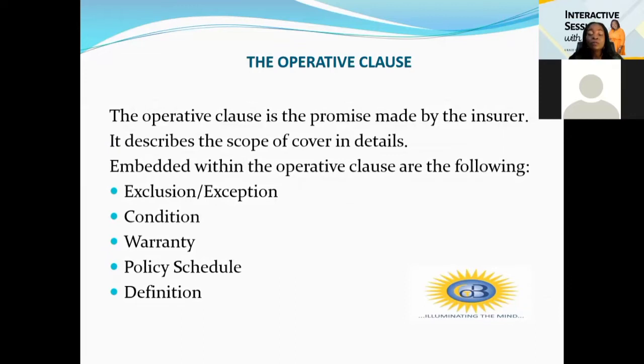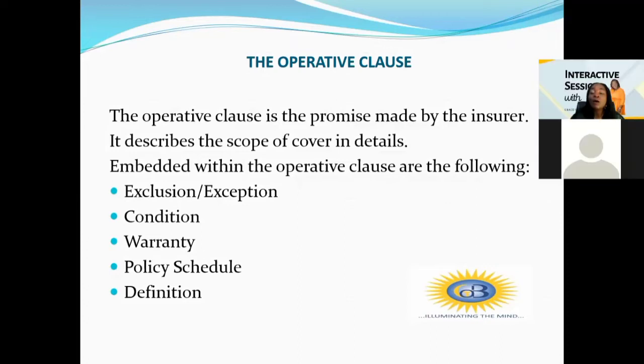We talked about three types of condition, or stages of condition: we have condition precedent to the contract, we have condition subsequent to the contract, and we have condition precedent to the liability of the underwriter. We used two weeks to talk about conditions.